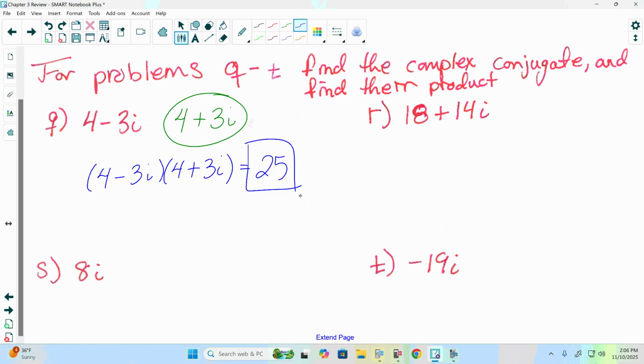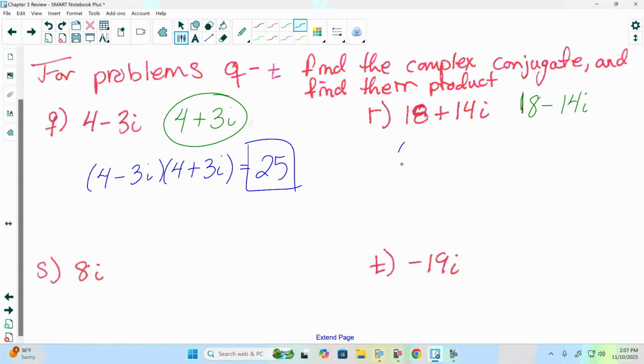Questions on Q? What would R be? 18 plus 14i would be 18 minus 14i.